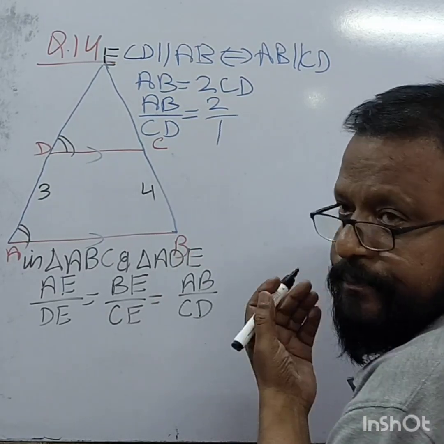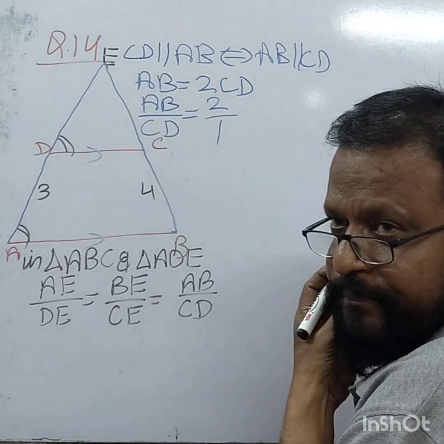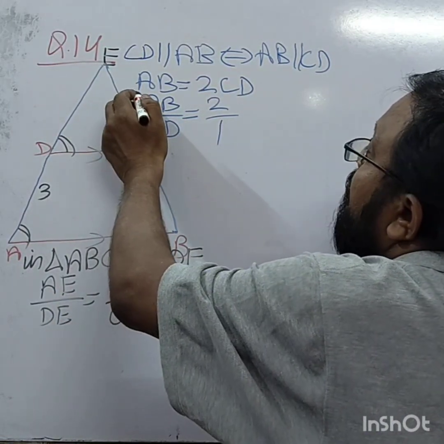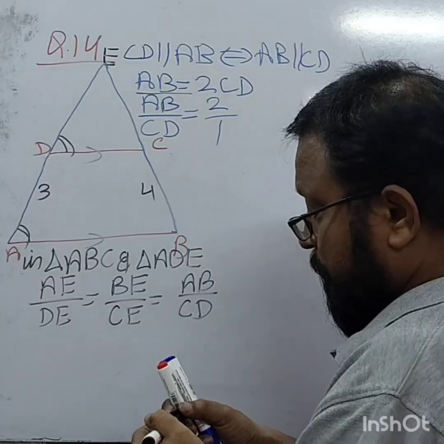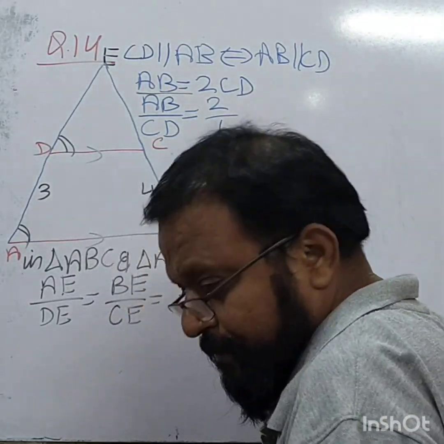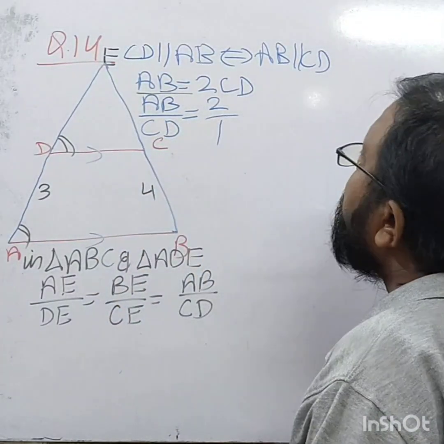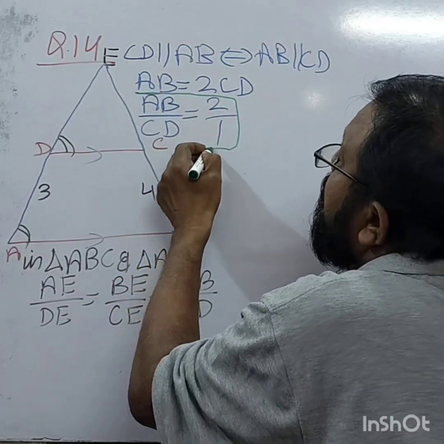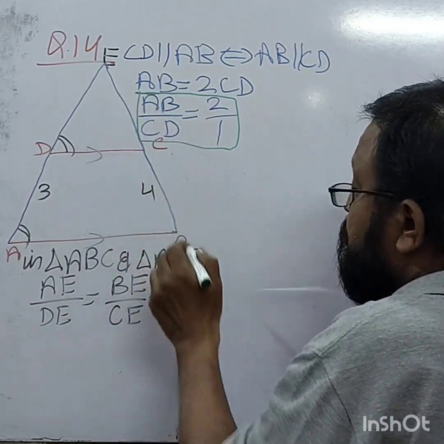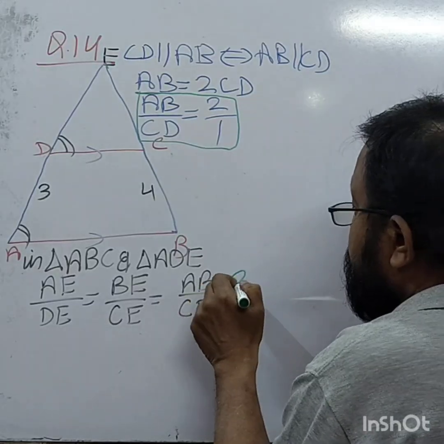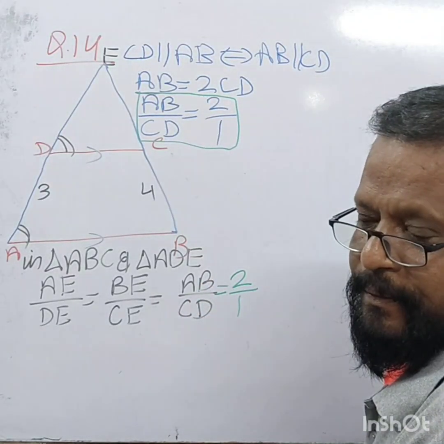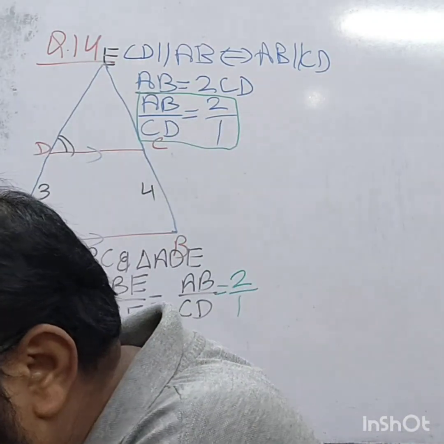Is it? And what do you know? You know that AB upon CD is equal to 2:1. So there is 2:1. Right? So what do you have to find?